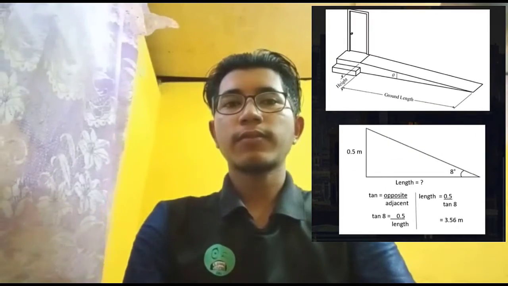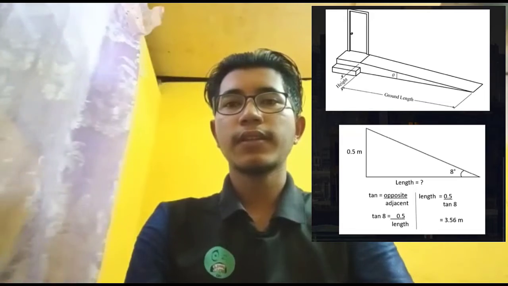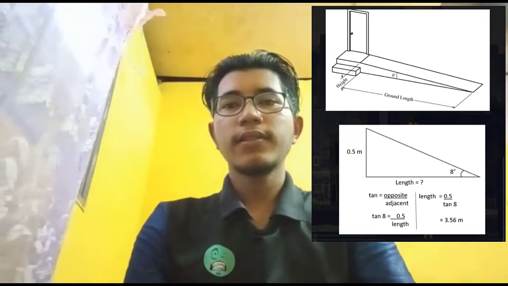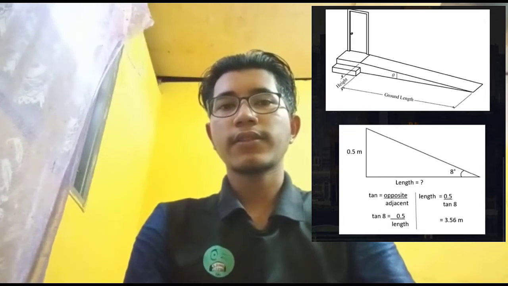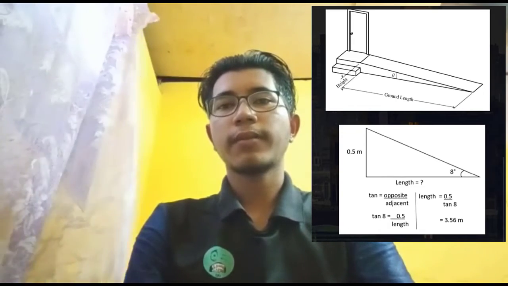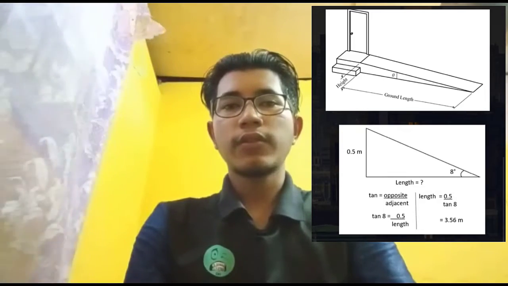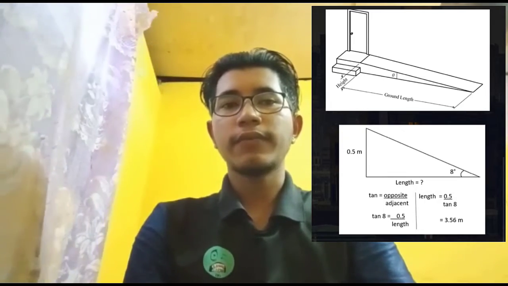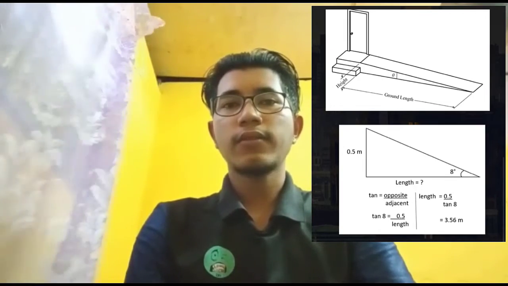For example, if a ramp has to be at an angle of 8 degrees for maximum safety and the height is 0.5 meters, we can calculate the necessary or maximum length for the ramp using a simple tangent ratio. For this case, we draw the triangle and label it first, then the formula for tangent is opposite over adjacent.